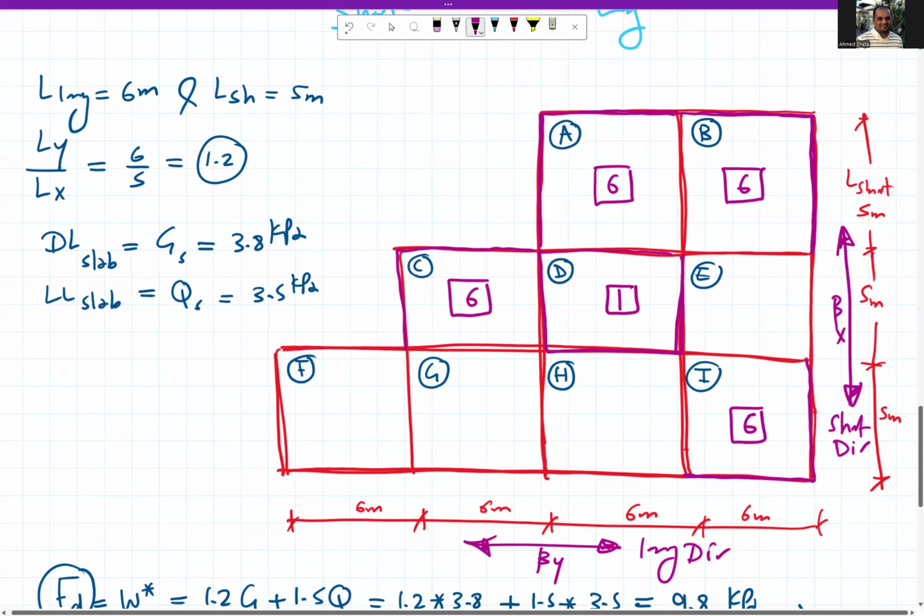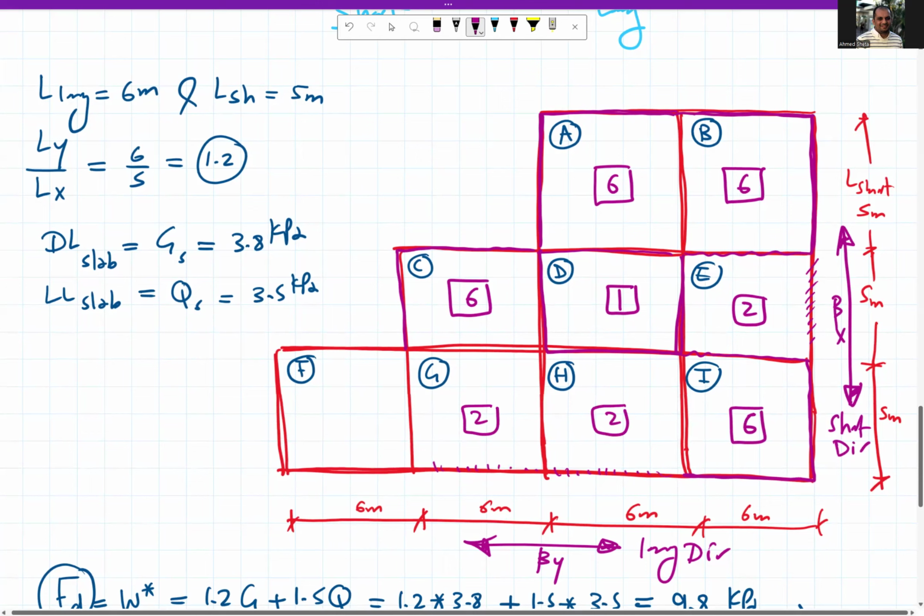E is number 2, which is one short edge discontinuous. For the long edges, both of them are continuous. Only one short edge is discontinuous, so this is number 2. G and H are the same, one short edge discontinuous. So these 2 slabs are number 2.